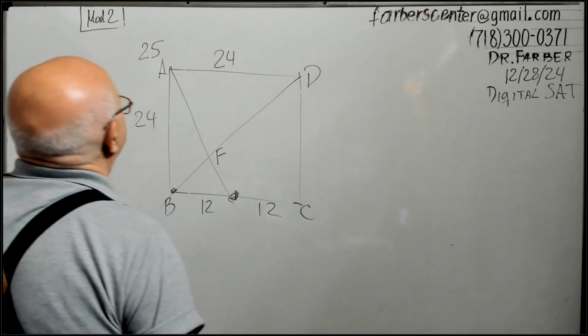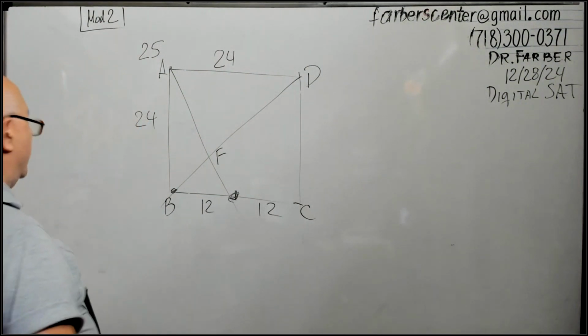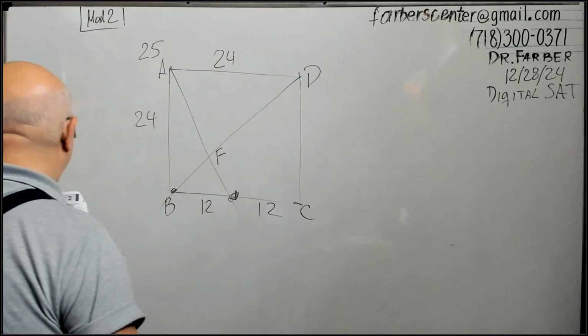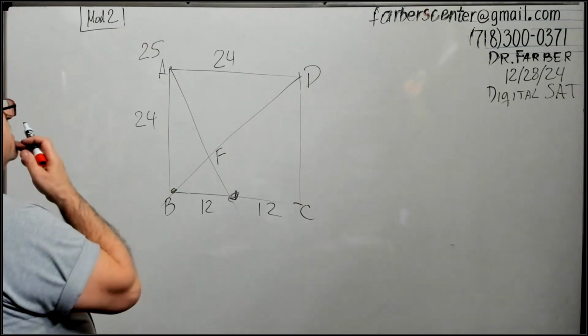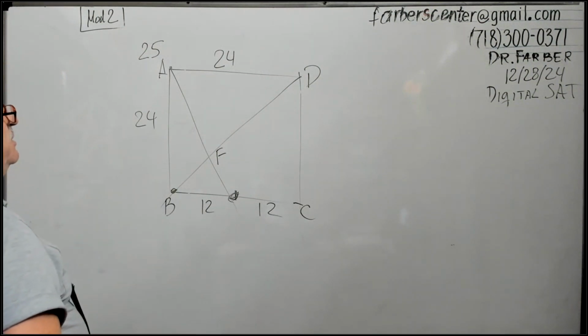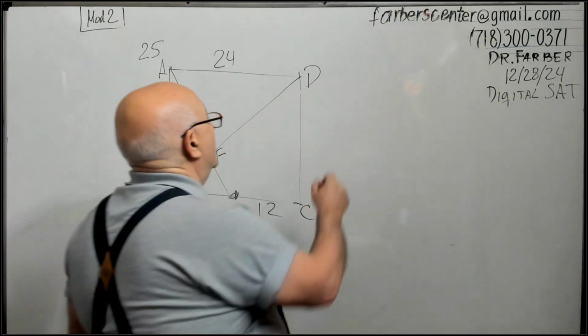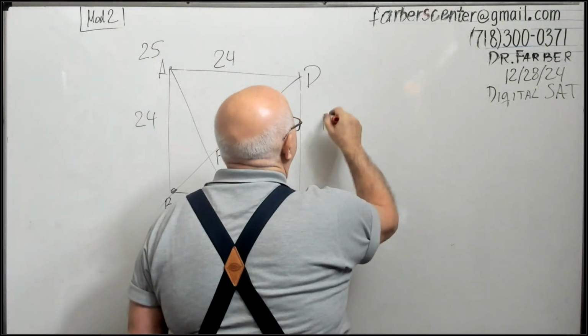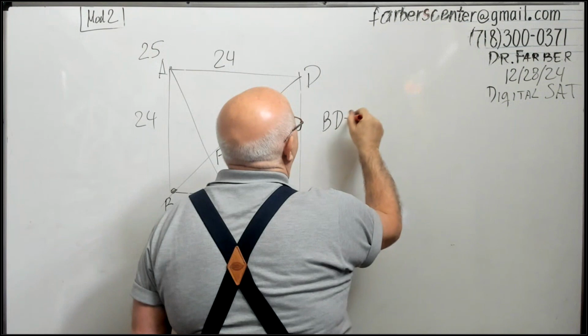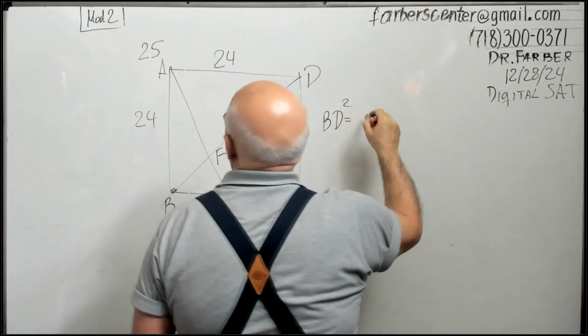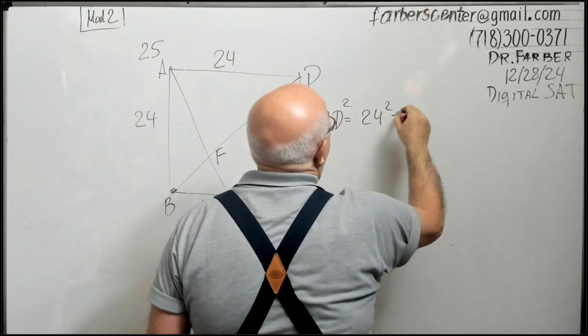Okay. If you look at this, what assumption can you make? First of all, you can easily find BD. BD equals 24 squared plus 24 squared, Pythagorean.